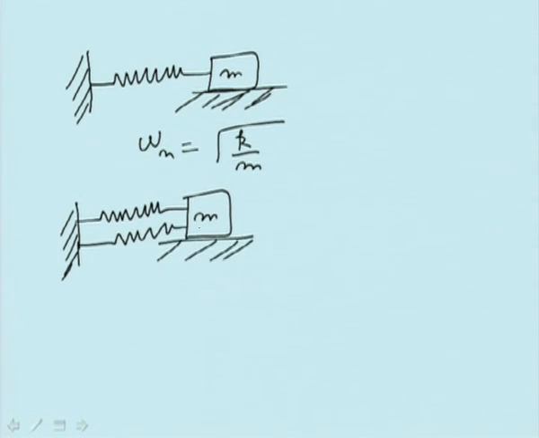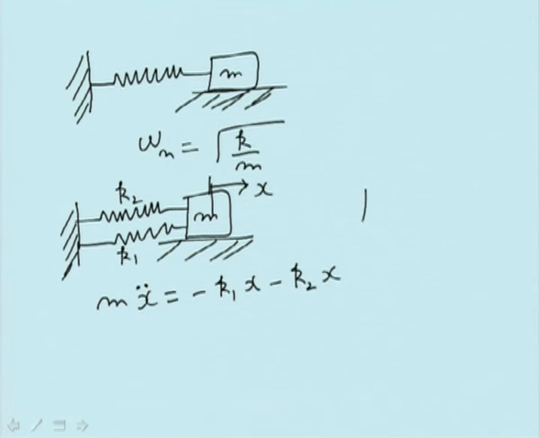In this case, suppose you displace it by a distance x from here. Now m x double dot is equal to minus k1 x minus k2 x.